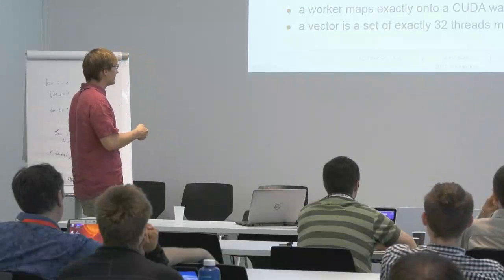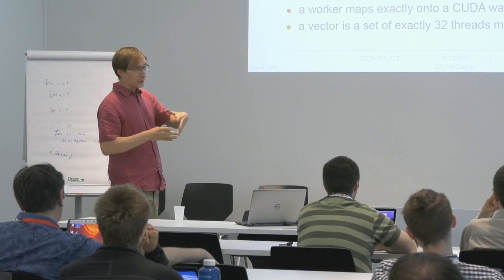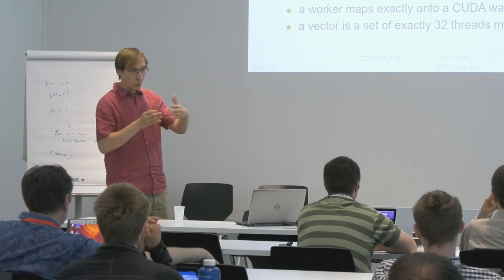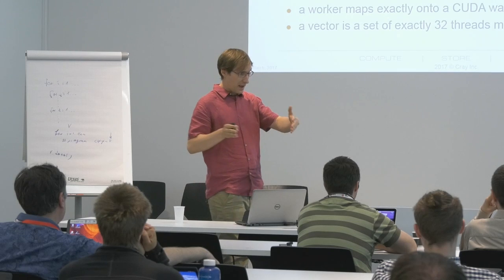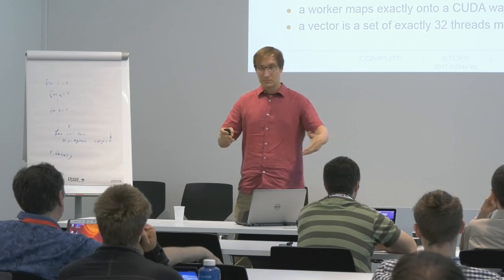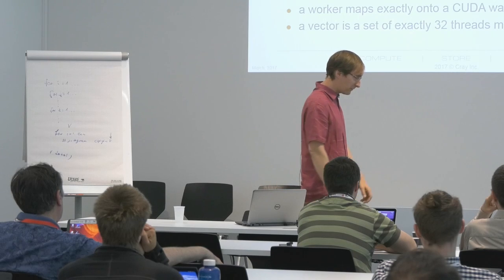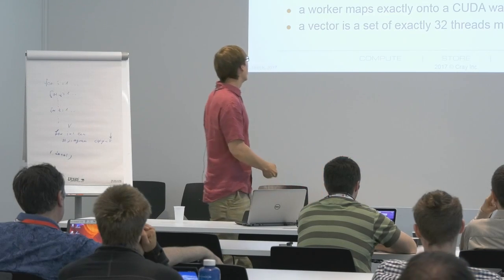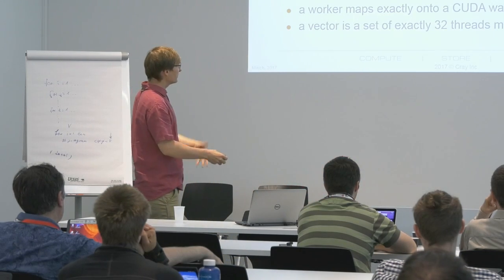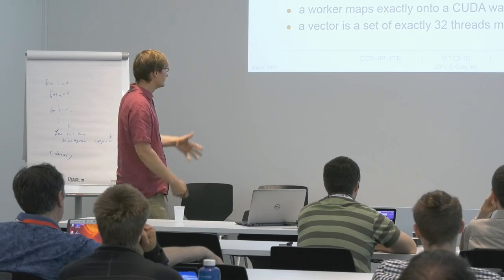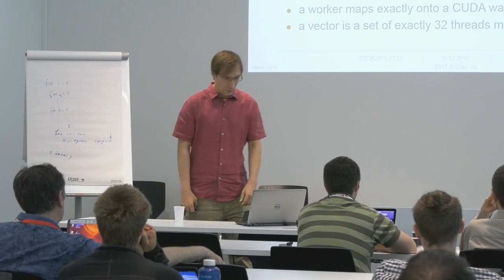The gangs then map to these CUDA thread blocks, the workers map to these warps, so to these 32 elements of 32 threads, and the vector is then the threads within this warp.